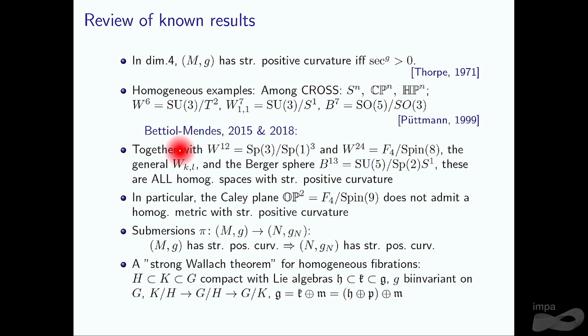In dimension 6, we have SU(3)/T^2, so this is, of course, a nearly Kähler manifold as we know it. Then we have the Aloff-Wallach space, SU(3)/S^1, and another 7-dimensional space, SO(5)/SO(3).